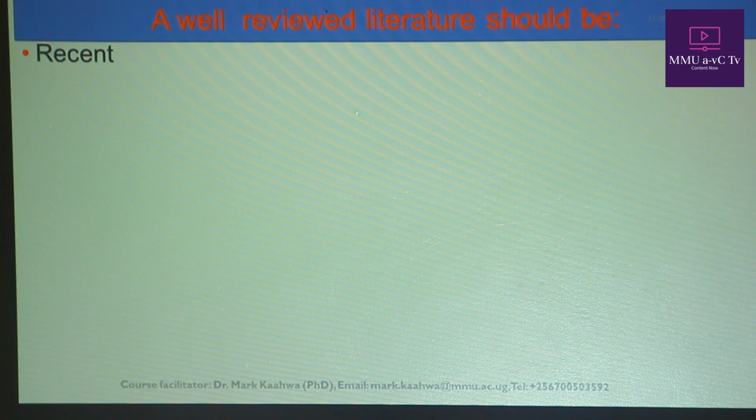What we mean here is that when you are citing literature, you don't cite very old references. When you are writing and doing in-text citation, we expect to see current literature being cited. Why do we emphasize the current? Because the world is ever changing.